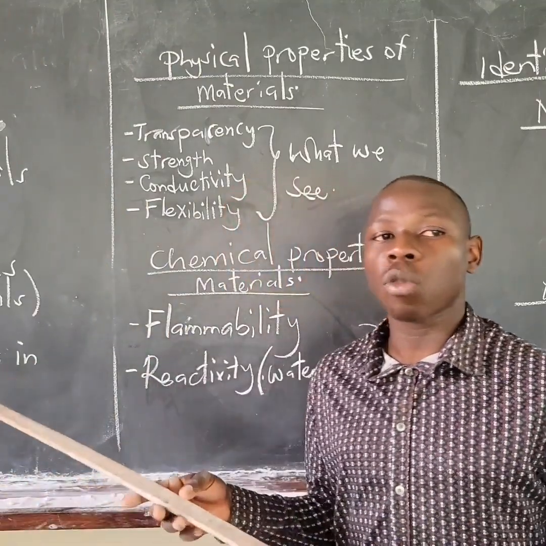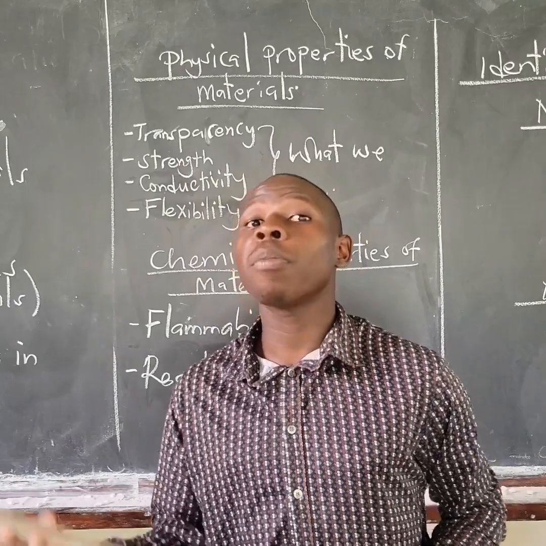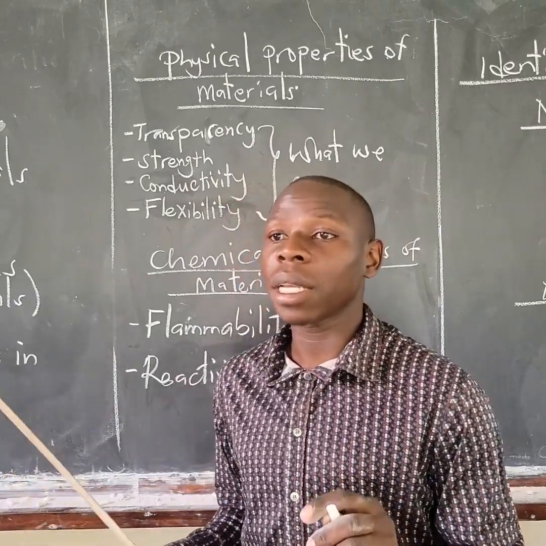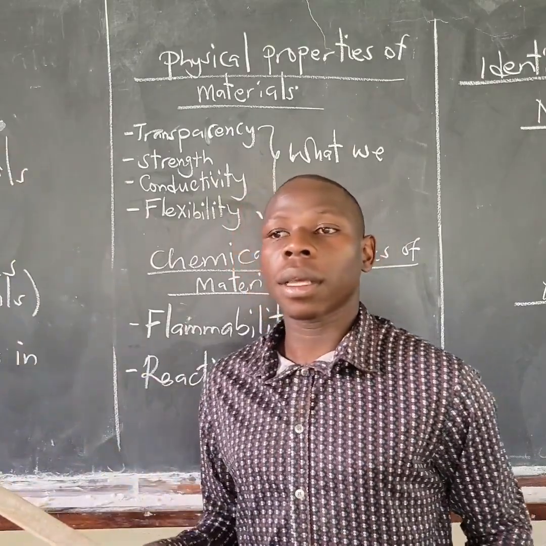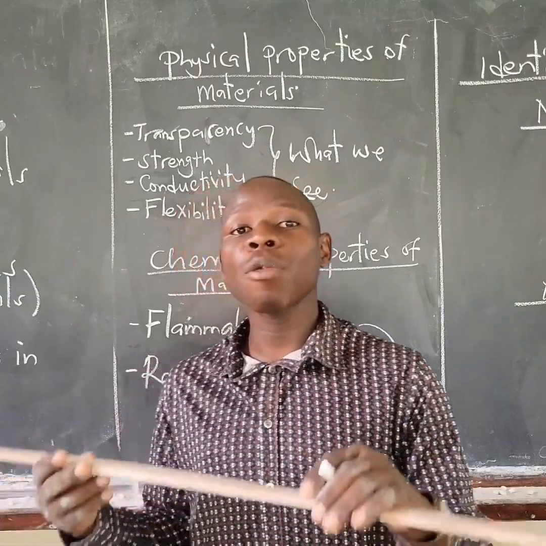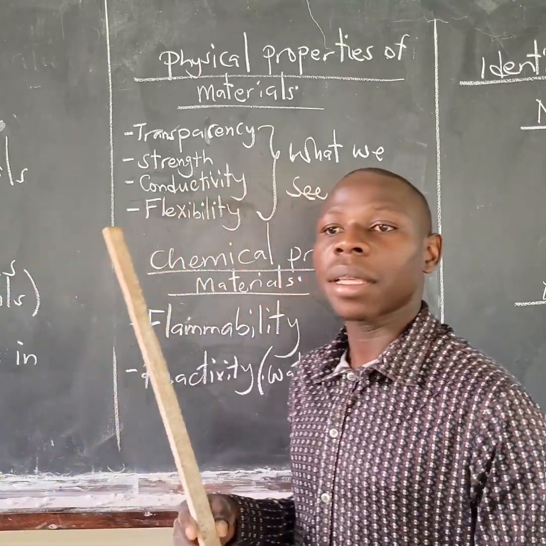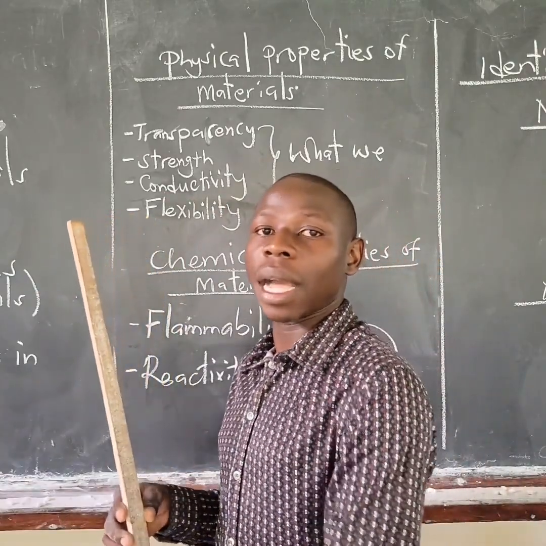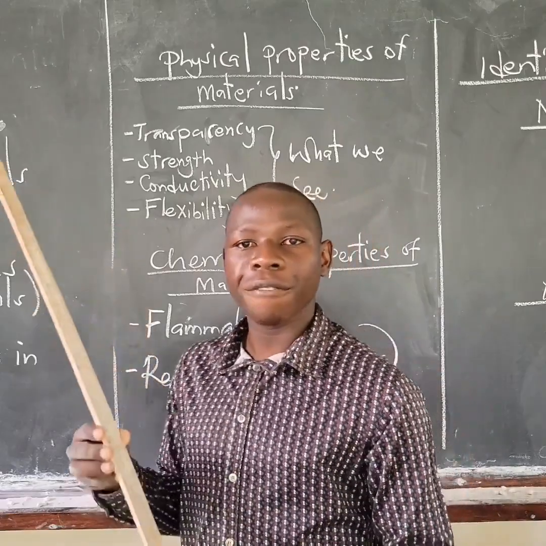If you connect all of them, one at a time, to a fireplace, which one burns and which one does not burn? You find that wood will burn. You find that the plastic cup will burn. The iron nail will not burn, and even glass will not burn. Meaning, those which do not burn are non-flammable, and those which burn are flammable.